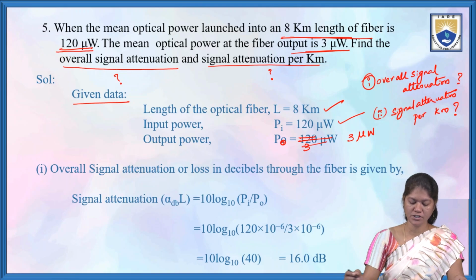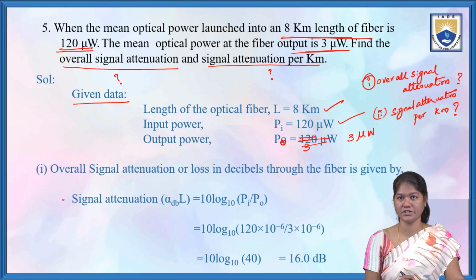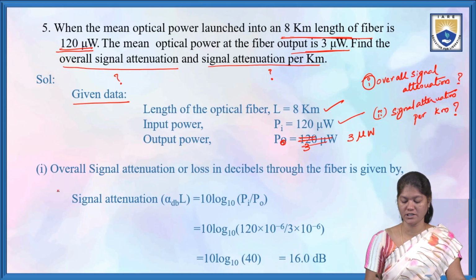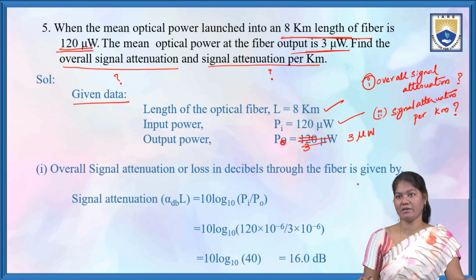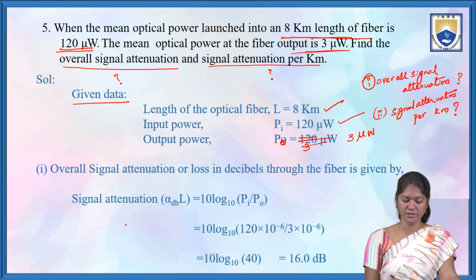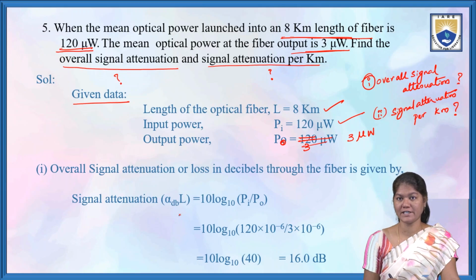First we shall calculate the overall signal attenuation or loss in decibels through the optical fiber. That is signal attenuation in decibels is equal to 10 log 10 of Pi by P naught.